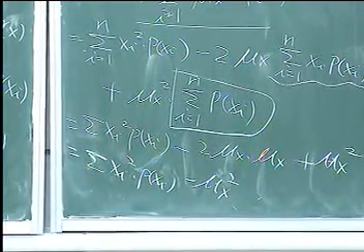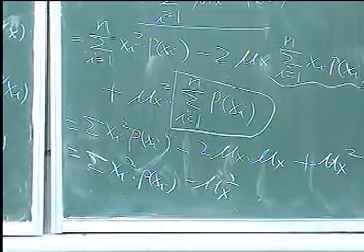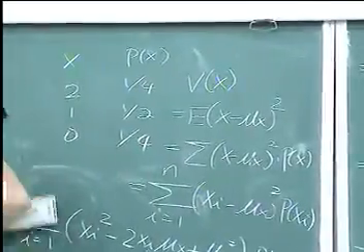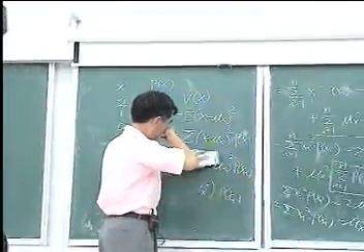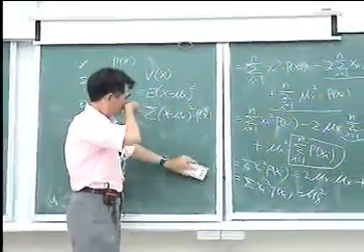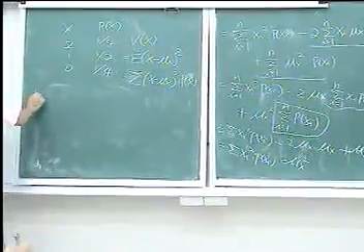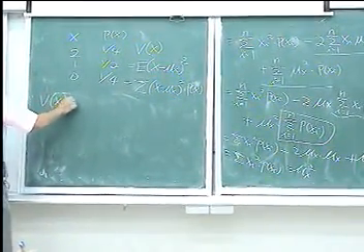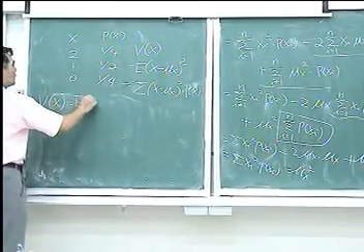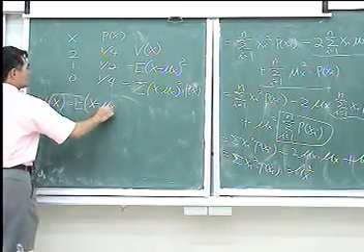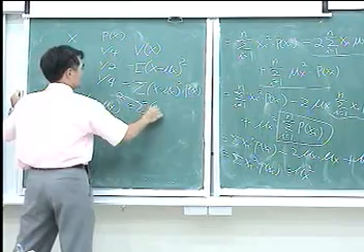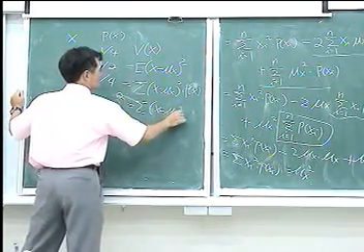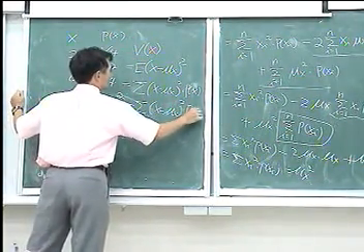Okay, so now we want to calculate the variance of x for this case. Variance of x is equal to the expectation of x minus mu x squared, also equal to summation of x minus mu x squared times p(x).